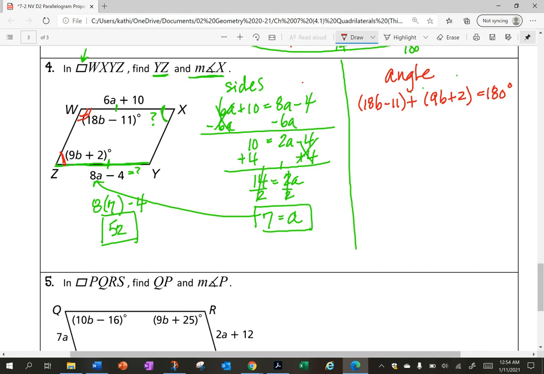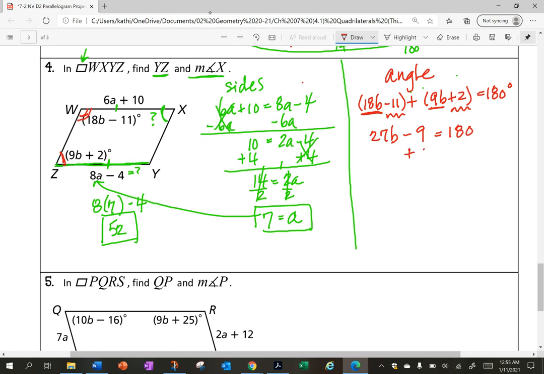So when I add them together, they are supplementary. So the first thing I want to do is combine like terms. So 18b plus 9b is 27b. Negative 11 plus 2 is minus 9 equals 180.